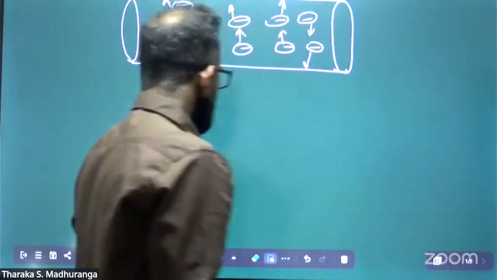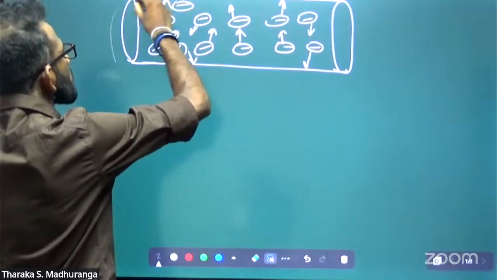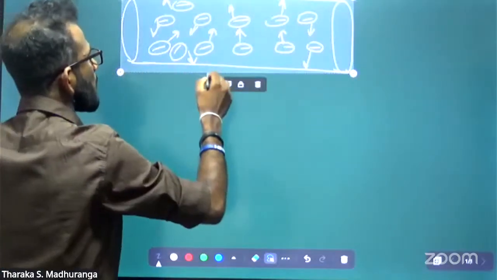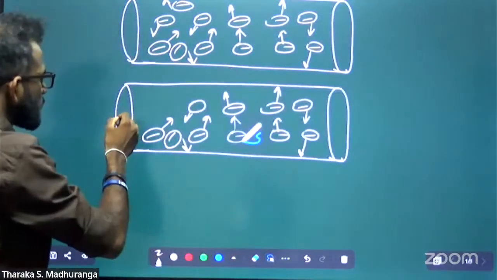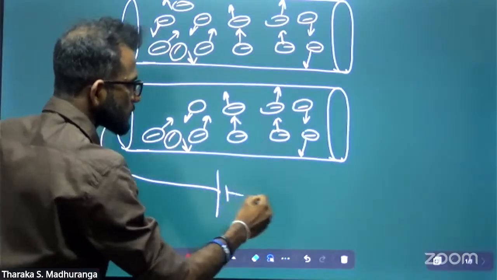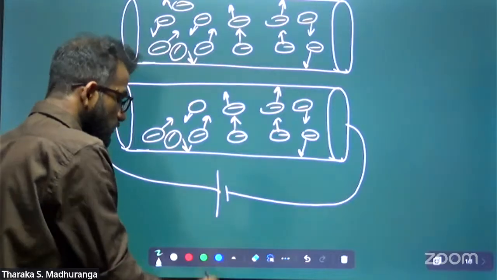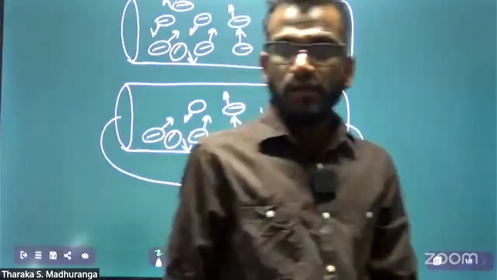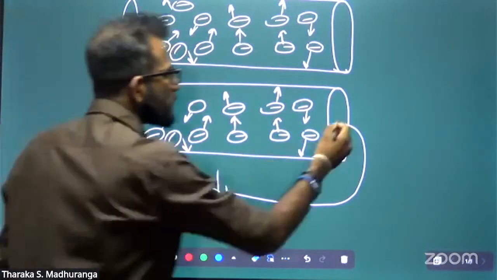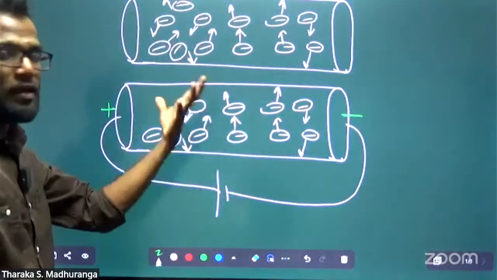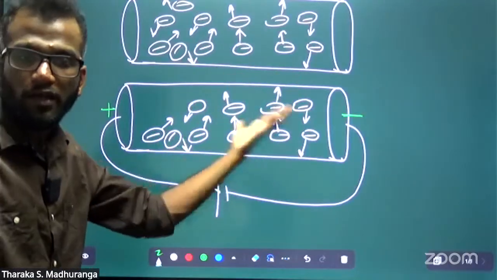But if I provide, if I connect the same conductor with a battery, this side is positively charged and this side is negatively charged. Therefore, a potential difference appears across the two sides of the conducting rod.